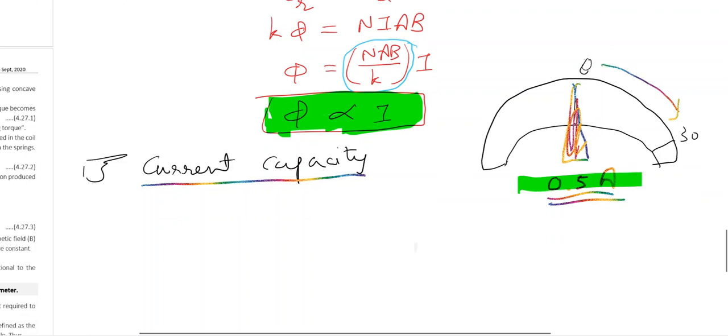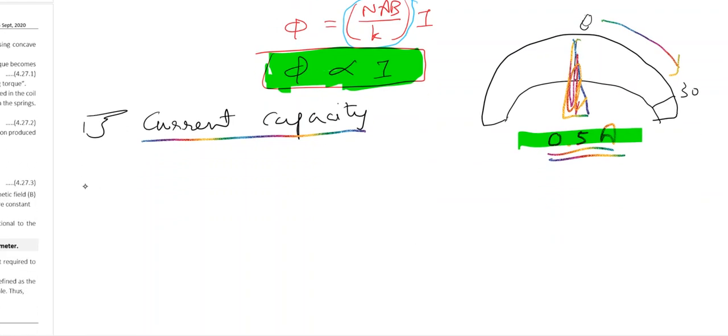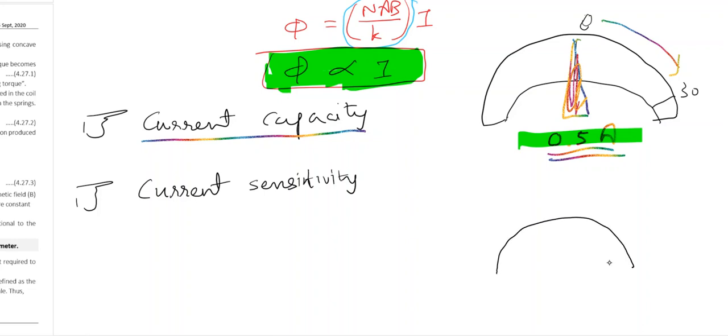The second parameter we should know about galvanometer is current sensitivity. Current sensitivity is a quantity which shows us how sensitive our galvanometer is. Now, how do you determine how sensitive it is?